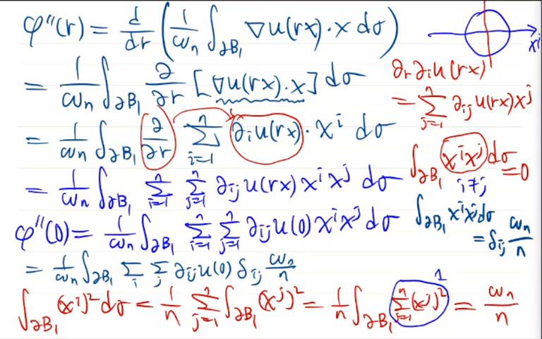And this means when i is not equal to j, the term is 0. So the result is 1 over omega_n, integral over B_1, summing i from 1 to n, d_ii u(0) multiplying omega_n over n, then d sigma.